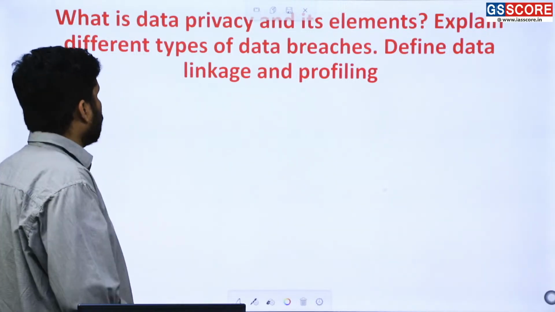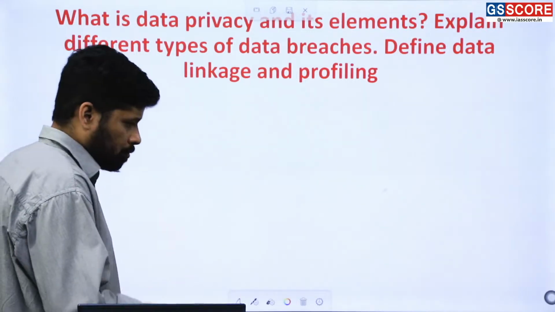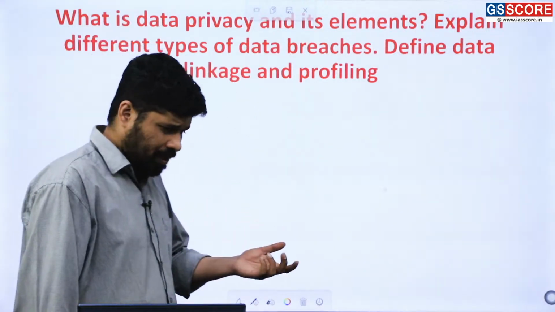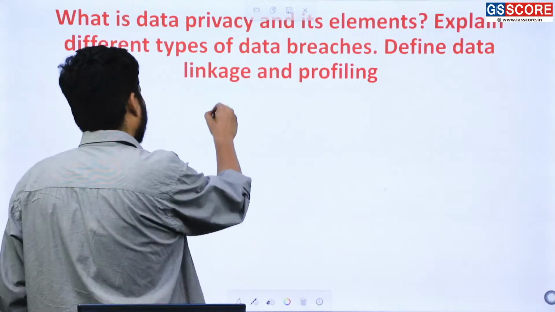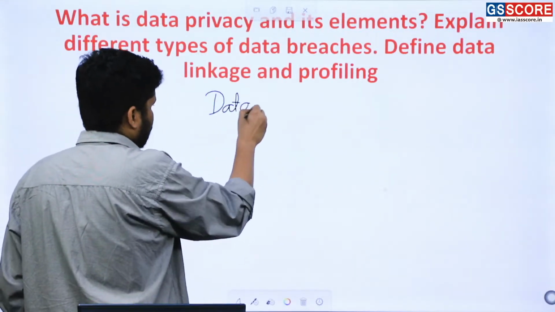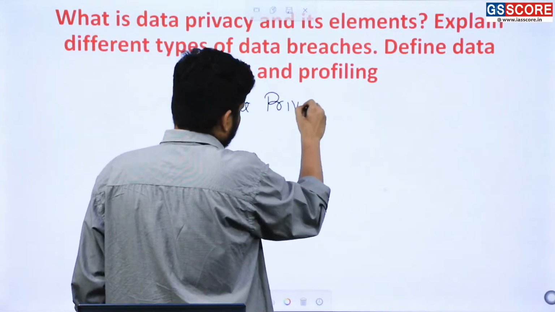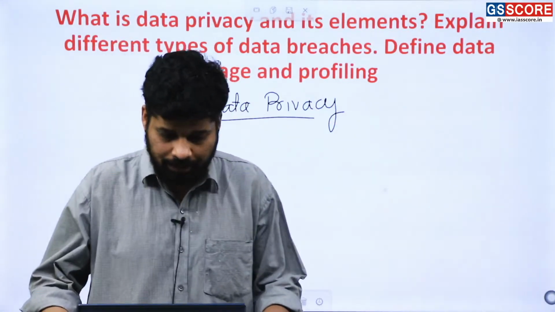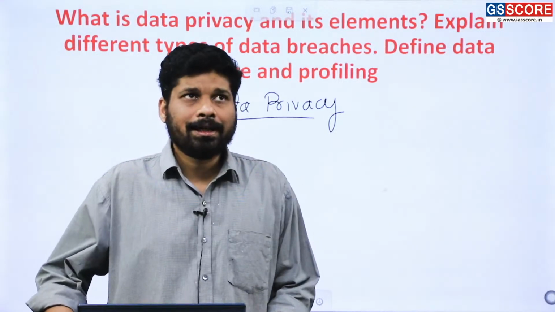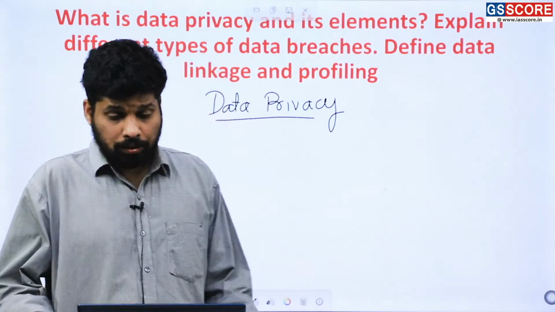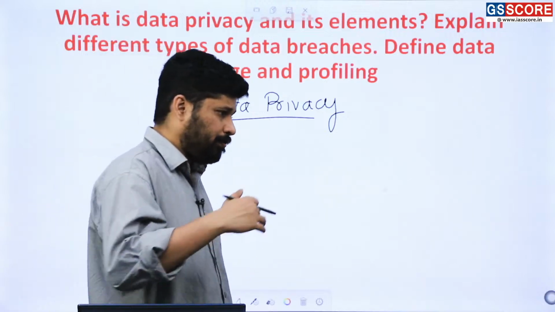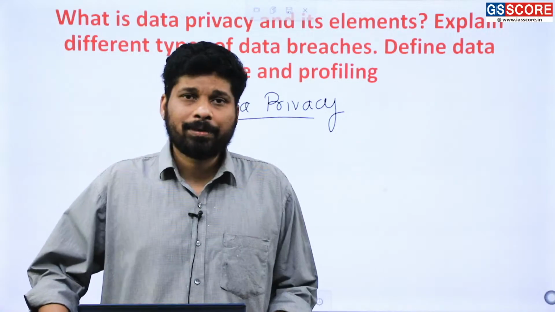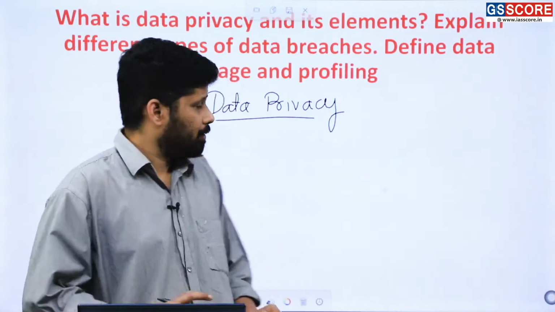All right, so what are the elements that we have to write? First and foremost, we have to define data privacy. What is data privacy? Data privacy is the ability of an individual to control how information with respect to him or his organization in cyber security is protected.